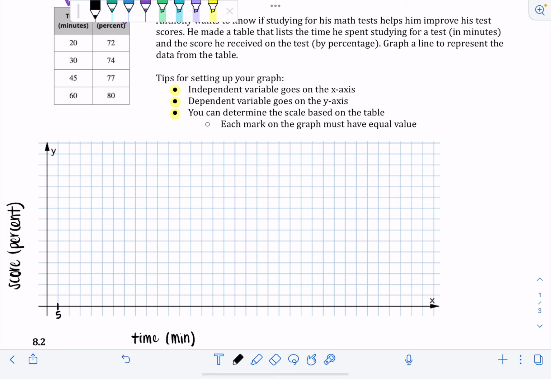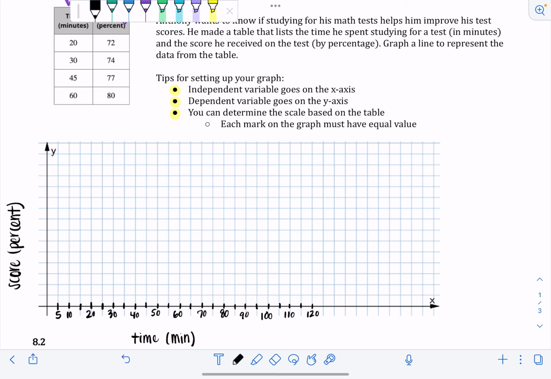So this will be 5, 10, and then I'm going to skip every other one, so I won't write 15, but that'll be 15, and then 20, 25, 30, 35, 40, 45, 50, 55, 60, 65, 70, 75, 80, 85, 90, 95, 100, 105, 110, 115, 120.